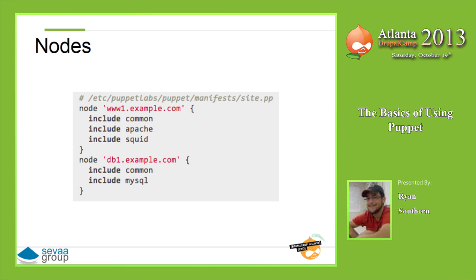It walks you through how to apply classes and how to write basic Puppet code, and then there's another VM that walks you through how to configure the master and agent server configuration, and everything you can do with that. So the Puppet Labs website is phenomenal about all that.